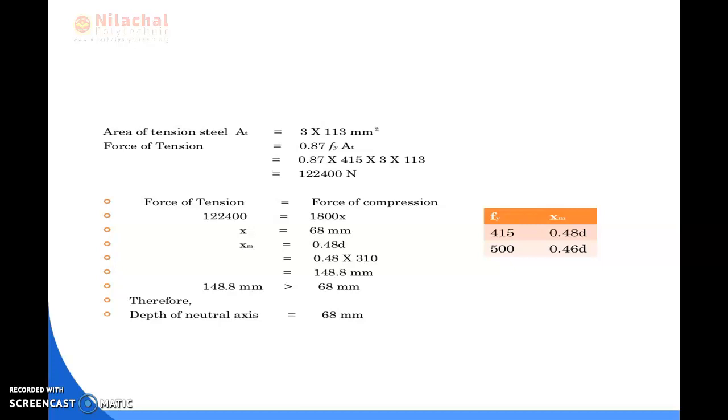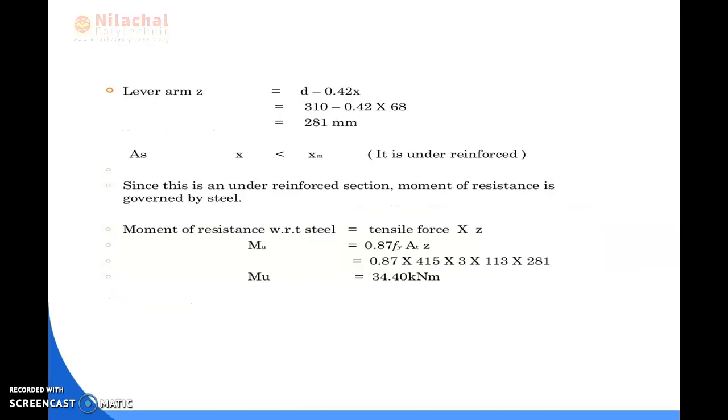Therefore the depth of neutral axis is 68 mm and the limiting depth of neutral axis is 148.8 mm. Then we go to the lever arm, which is Z. We consider D minus 0.42x, where D given in the question is 310, minus 0.42 into x, which is 68.